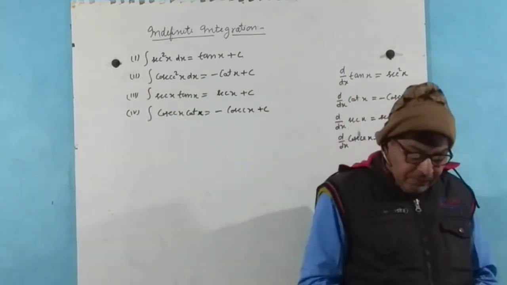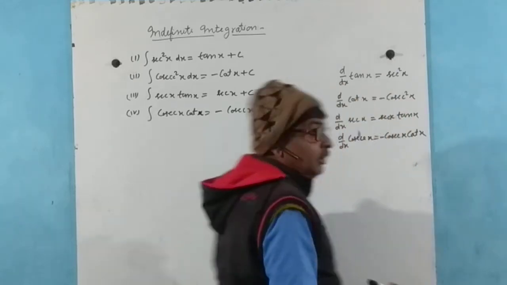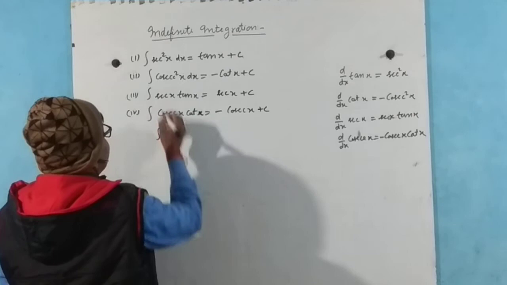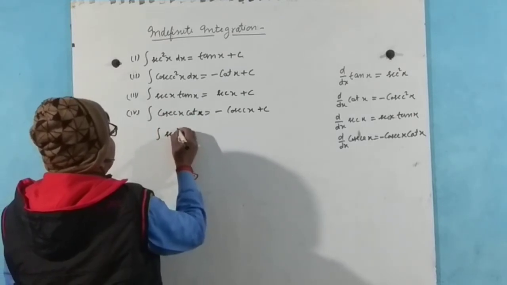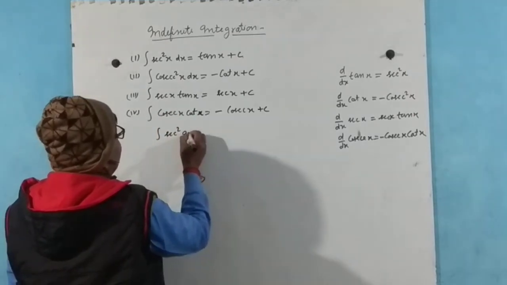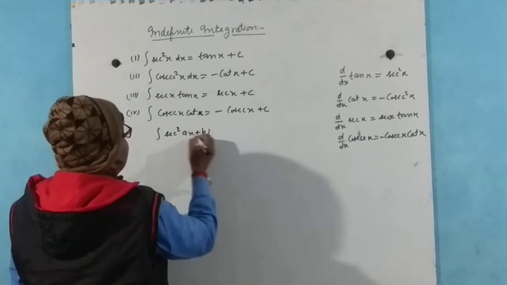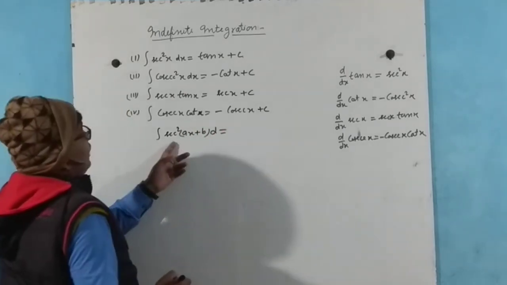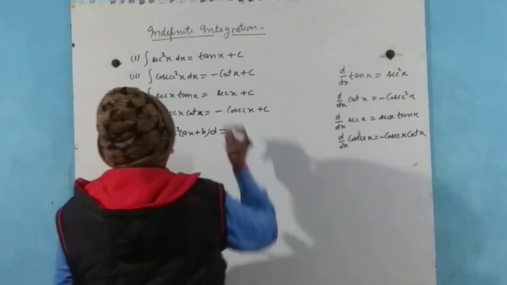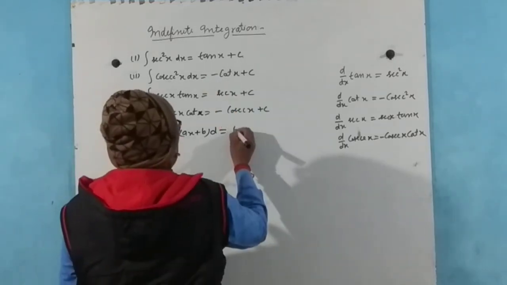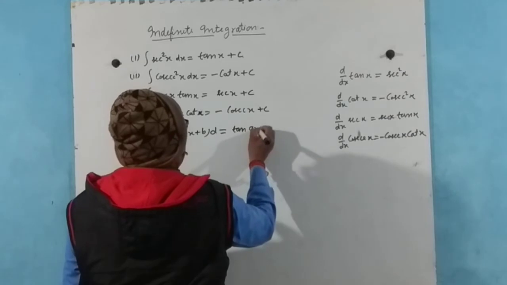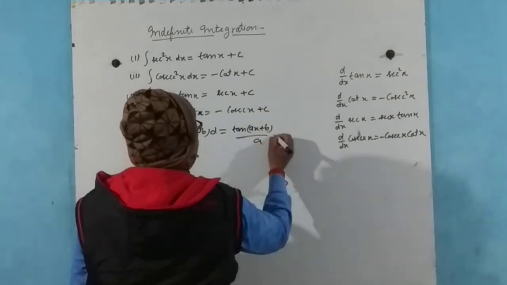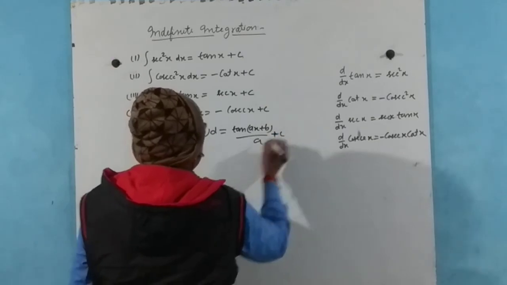Now, integration of sec square (ax plus b) dx can also be written as tan(ax plus b) divided by a, plus c.